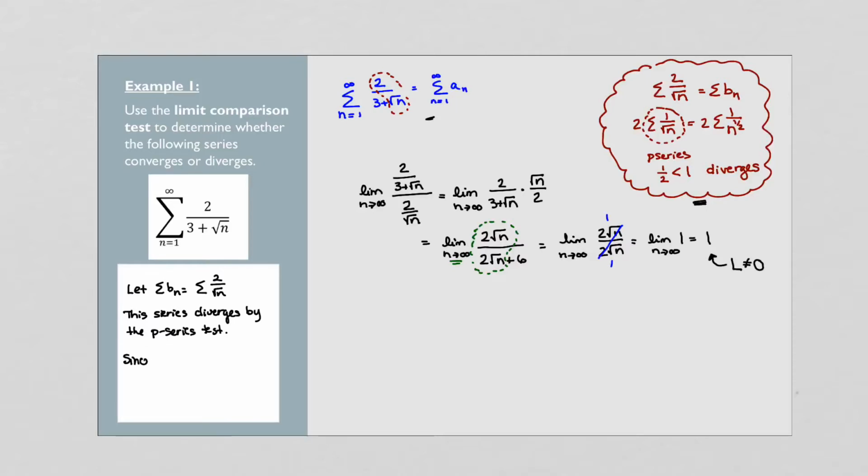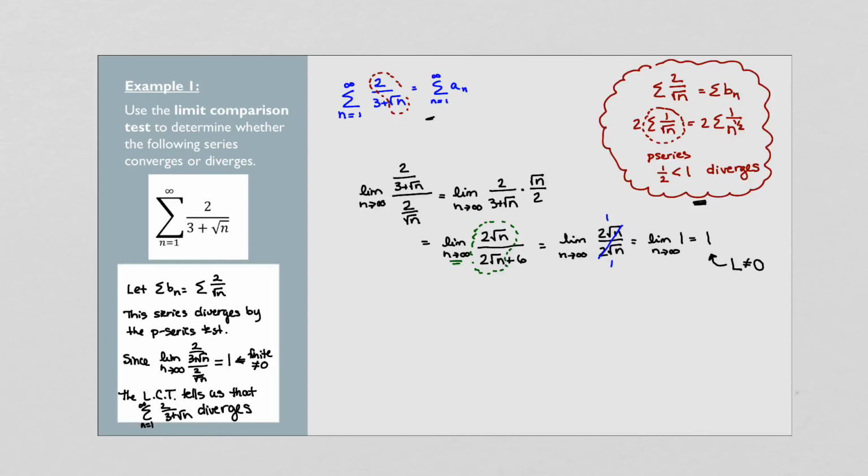Since the limit as n goes to infinity of 2 over 3 plus the square root of n divided by 2 over the square root of n equals 1, which is a finite limit not equal to 0, the limit comparison test tells us that our original series, 2 over 3 plus the square root of n, just like the series b sub n that we're comparing to, will also diverge.